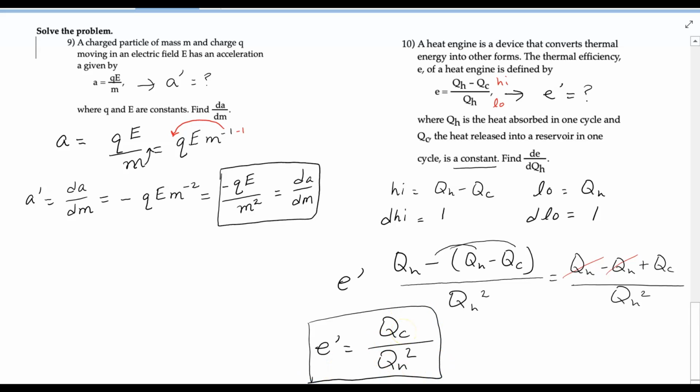This is how we would calculate the rate of change of the thermal efficiency of this system in this heat engine process. Okay, so not much to it. You just have to read very carefully to find out what's constant and what's the variable. But if you can do that, I think you'll be okay.